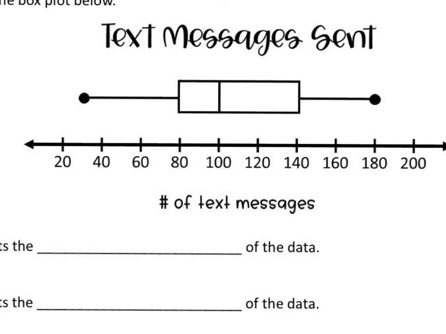So I just zoomed in right here just so you can see a little bit better. So the first dot is the min. This is quartile 1. The median, quartile 3. And the max.